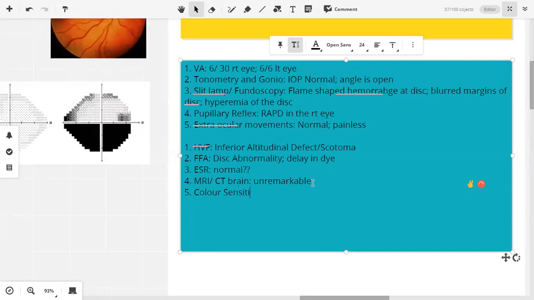We should test color sensitivity in the patient, since we're thinking the optic nerve is involved. We did this for optic neuritis, we did this for papillary edema, and we're also doing this now because this patient might not be aware. Yes, they're not aware, they have red desaturation. This means that they cannot perceive red color as well.